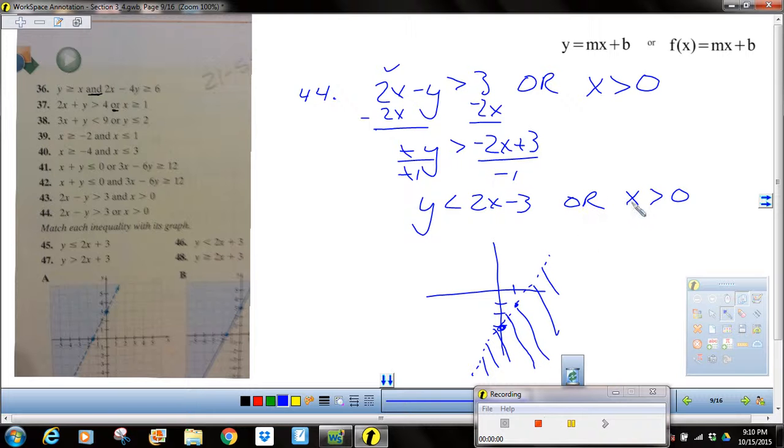This one says x is greater than 0. So it would be a dotted line at x equals 0. And since x is on the larger part, it would be going this way. And the actual solution is the part that's overlap. Oh no, it's or. I'm sorry. Everywhere where the two graphs go. So this over here would also be part of the solution.